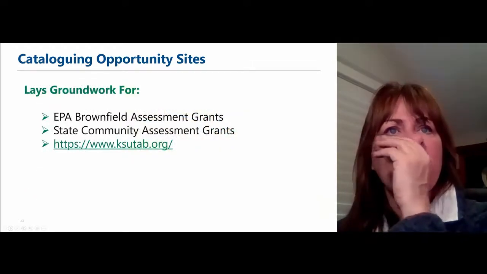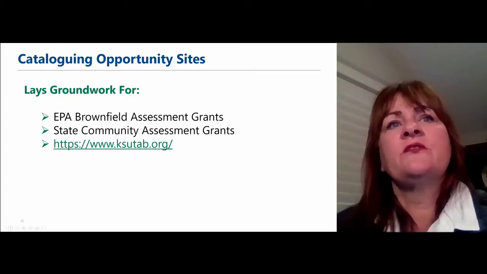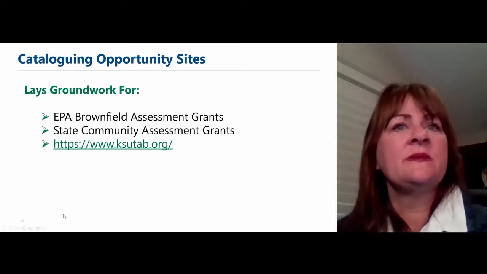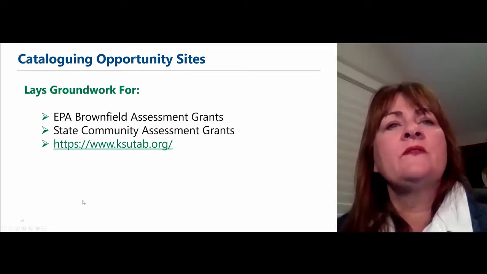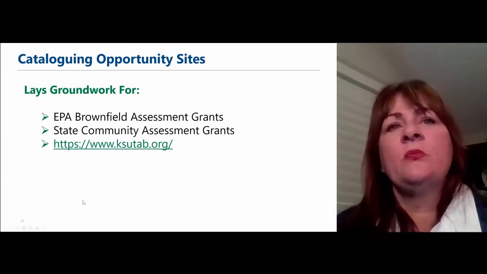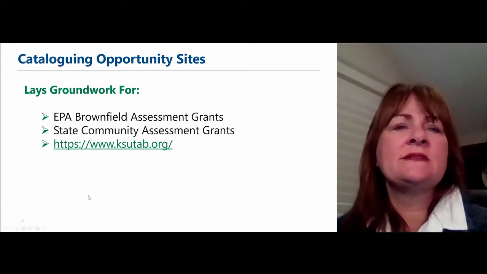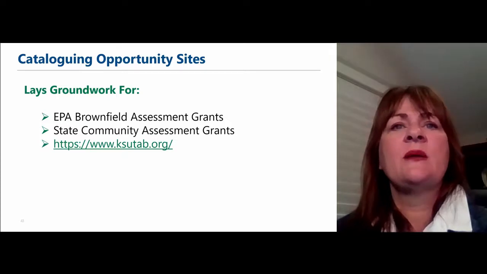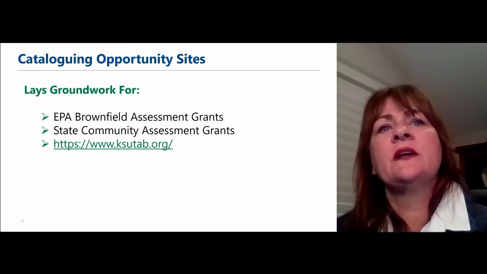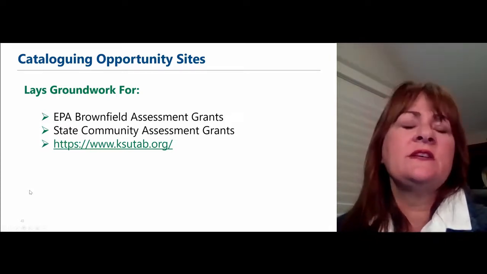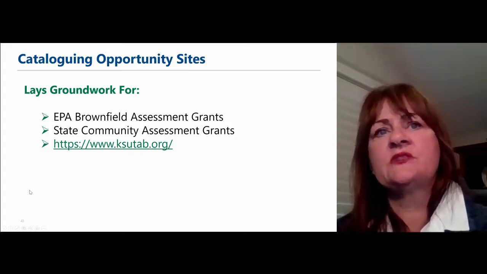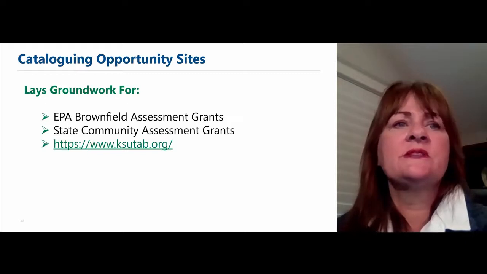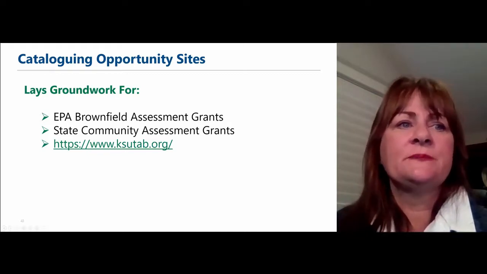Again, cataloging your sites can lay the groundwork for brownfield assessment grants. There's also state community assessment grants. One great help for many tribes is the Kansas State University program for tribal brownfields. If you can click on this link, or at least just look up Kansas State University tribal brownfields opportunities, they've got some great resources for tribes.